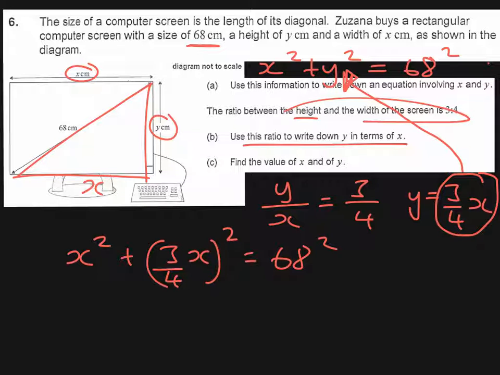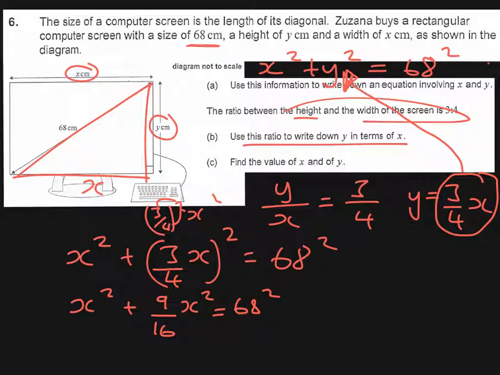So if we can expand the brackets, that's going to give us x squared plus, remember, if we distribute this, it is in effect 3/4 squared x squared, and then we can distribute the squared to each of those. So 3 squared is 9, 4 squared is 16, so 9/16 x squared is equal to 68 squared.